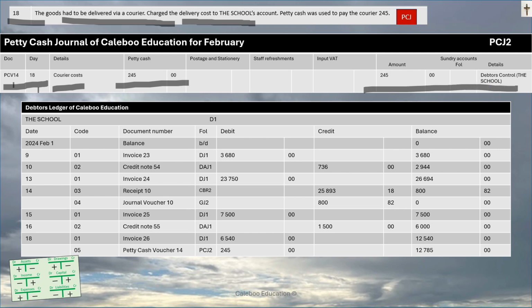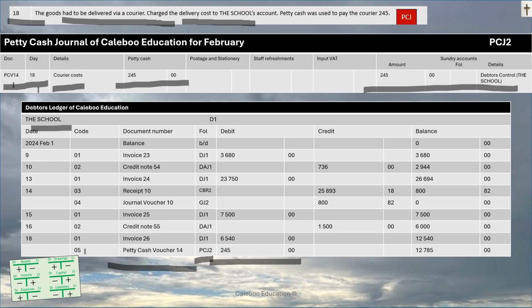And look there. The school needs to get debited, increase in assets. And there's the code for petty cash or courier costs 05. The document was petty cash voucher 14. Where did the information come from? The petty cash journal. It was debited. Why? Increase in assets. The school owes us more.